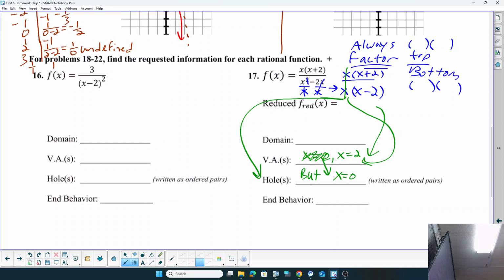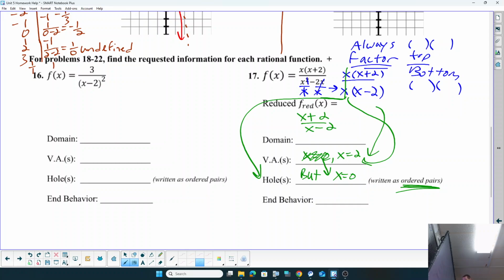Now, how do you find the y value? It says ordered pairs. We'll come back to that in a second. But let's go and write down the reduced function there. So the reduced function is what's left after you cancel stuff in the top and bottom. And so that's going to be x plus 2 over x minus 2. Good.